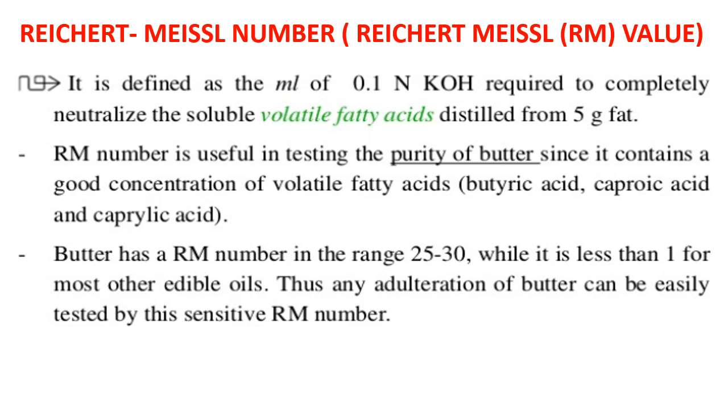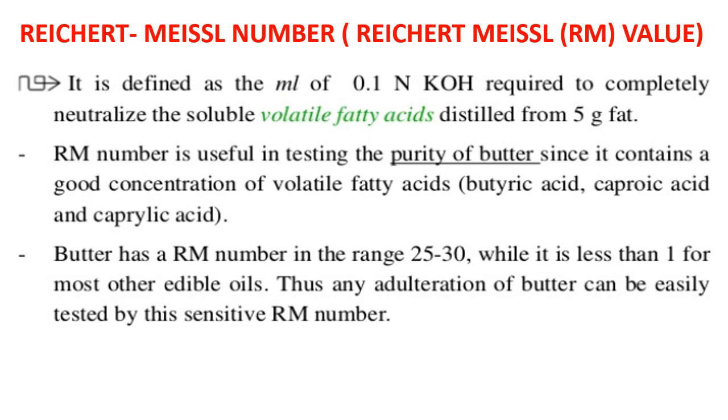Next, Reichert-Meissl number. It is also known as Reichert-Meissl value. It is defined as the ml of 0.1 normal potassium hydroxide required to completely neutralize the soluble volatile fatty acids distilled from 5 gram fat. The RM number is useful in testing the purity of butter since it contains a good concentration of volatile fatty acids like butyric acid, caproic acid and caprylic acid.